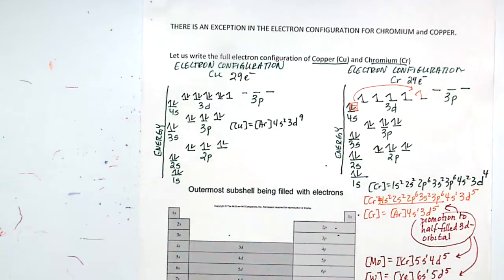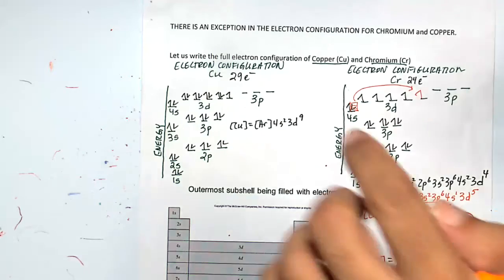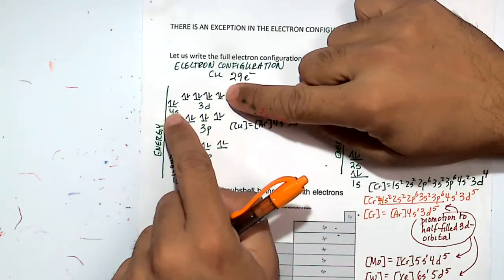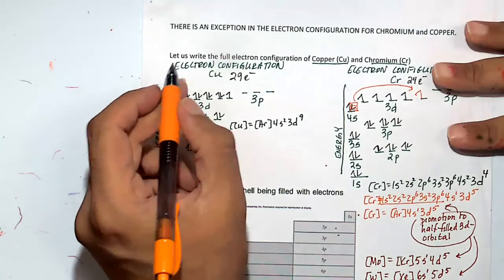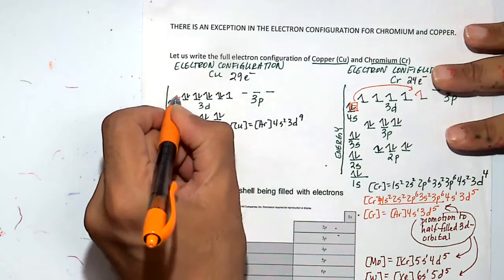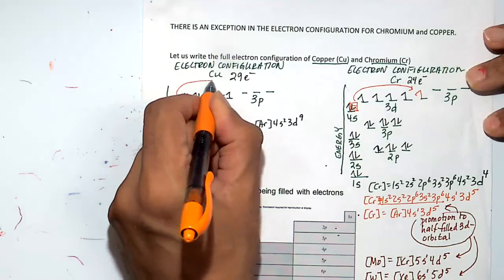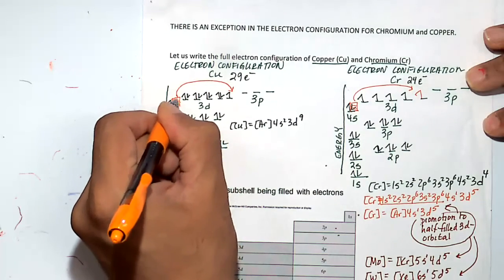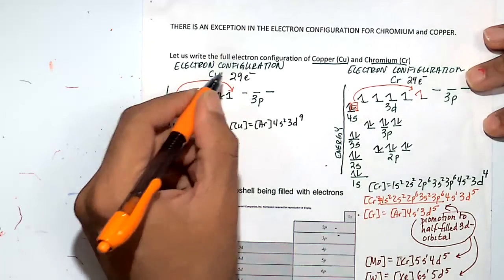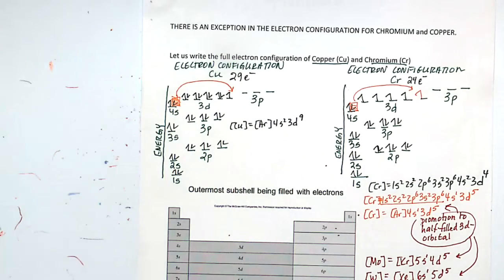Here we have a promotion. Again, the energy between 4s and 3d is very, very small. Like your textbook says, this just happens by itself. This electron self-promotes to fill up a 3d orbital.